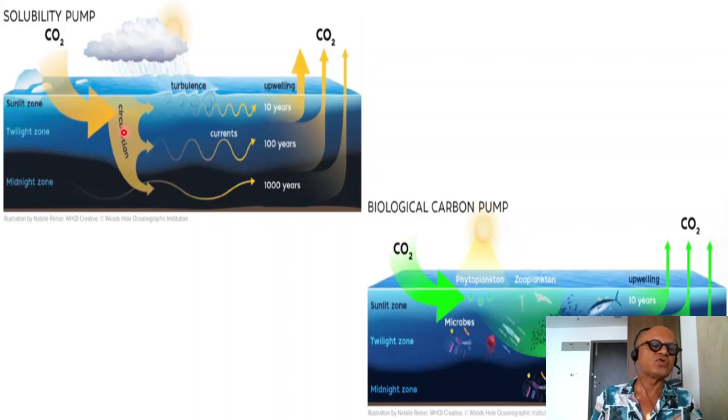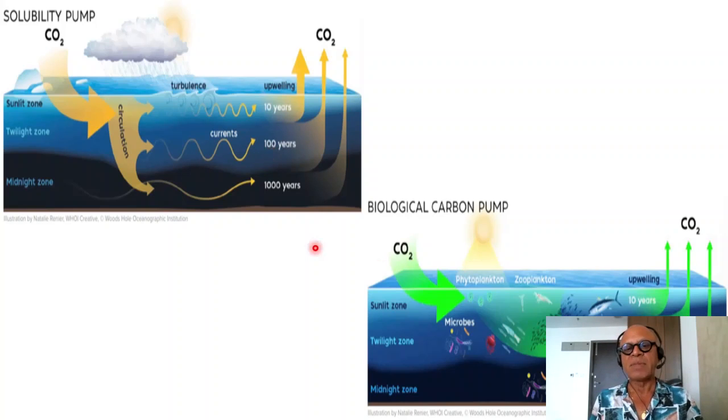All of that has to go through the twilight zone, and so midnight zone here can stay for 1,000 years and then be brought up through solubility pump mixing and advection. And near the surface, of course, you have turbulent exchanges, upwelling, and much shorter time scales, like 10 years, whereas in the twilight zone, the residence time can be over 100 years.